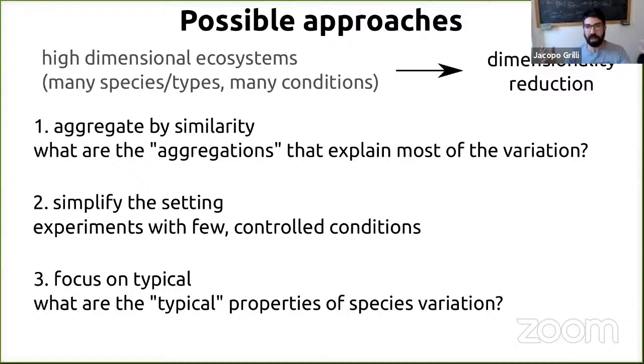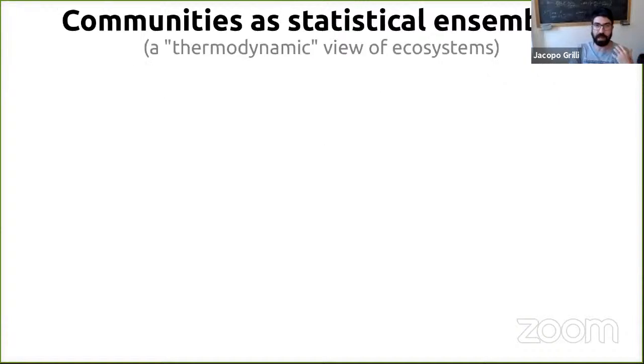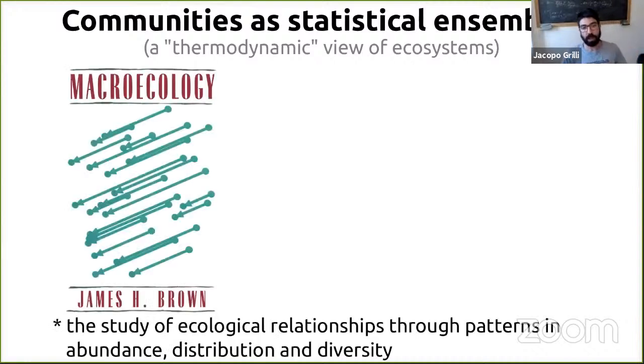So to embrace the variation, not try to reduce it to a smaller dimensional manifold, but to look at what are the typical properties of species variation. And this is the approach I'll take, which has a long history in ecology. It was pioneered by James Brown in the early 90s, I believe, and it's called macroecology, and is the idea of looking at communities as statistical ensembles.